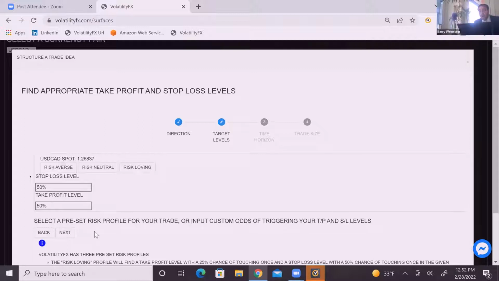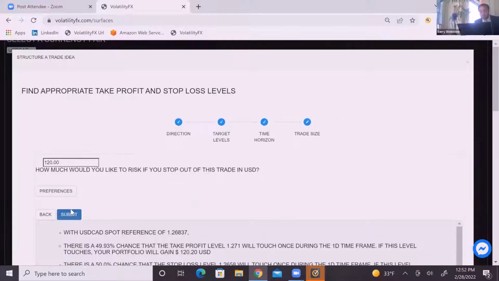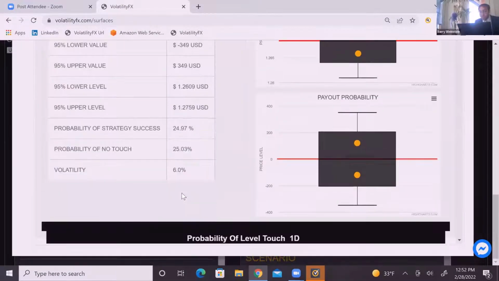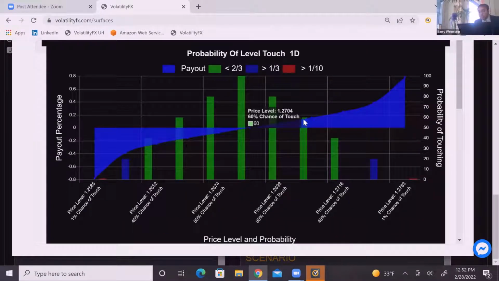Oh, okay. Now, I'm just jumping ahead and showing you one graph, which will really visualize what we're looking at here. So here we have the probability payout chart, where these bars on the back all represent different chances or odds of these outcomes happening.